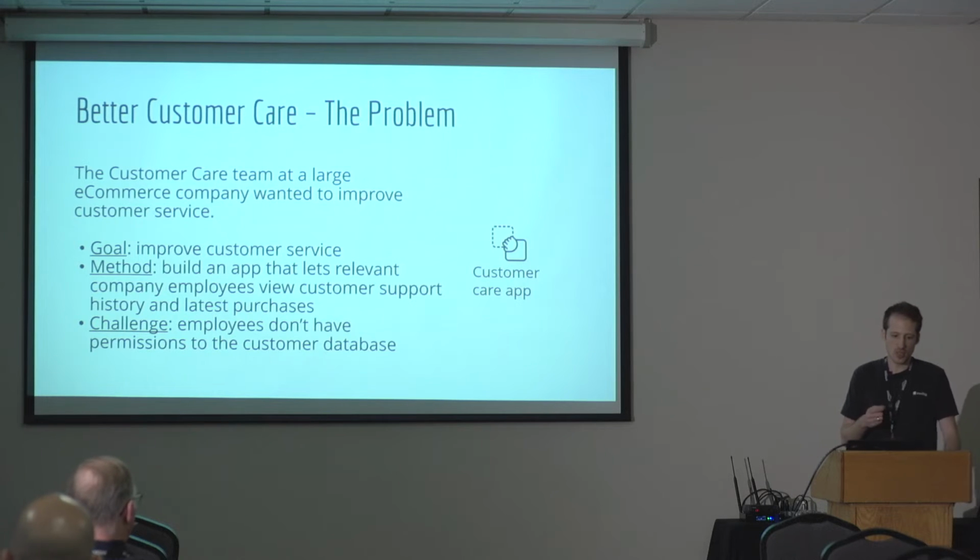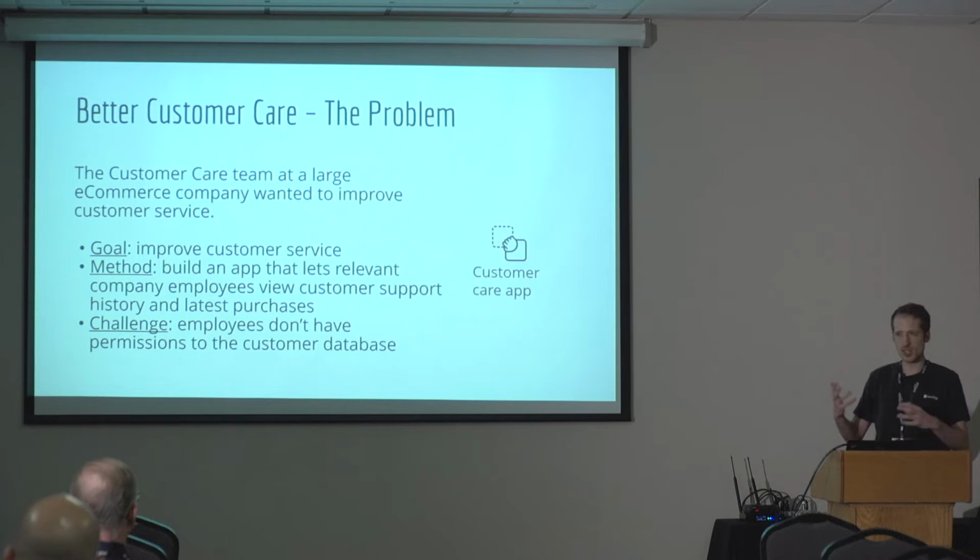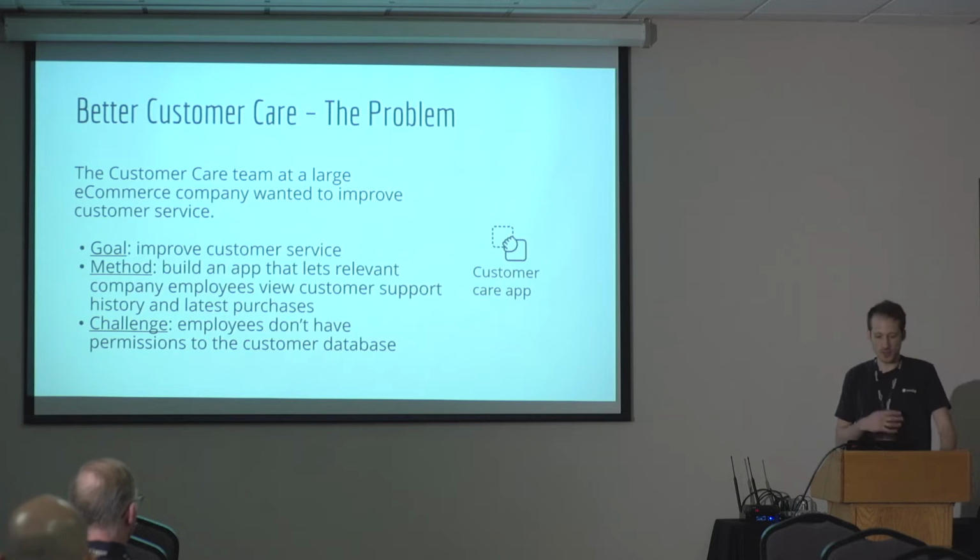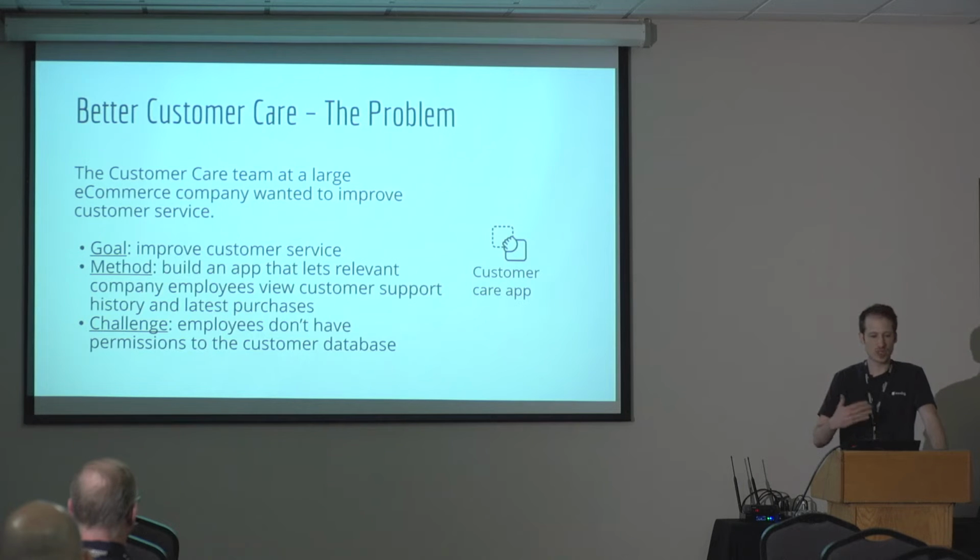So they wanted to build an application that allows everybody in the organization to fetch information related to the cases that they work with. Now, of course, you're seeing the challenge here. Again, getting those permissions is a bit difficult. So here's the solution that the customer care team came up with.